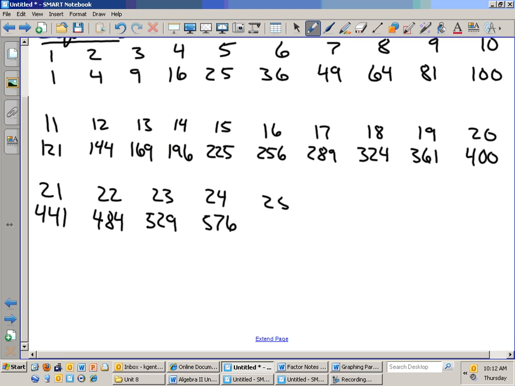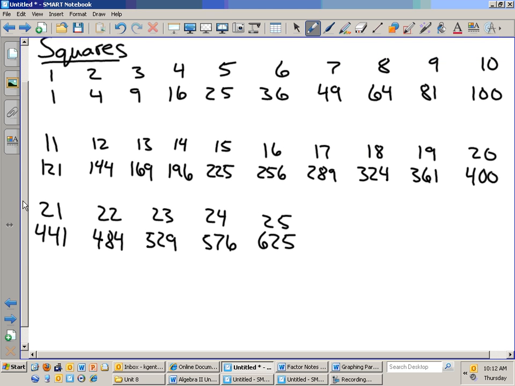And 25 is 625. So that's a list of perfect squares. Now the list of perfect squares up to the number 25, 625, that's the most exhaustive of them all. We're not going to list nearly as many for cubes or fourths. Everybody got that?